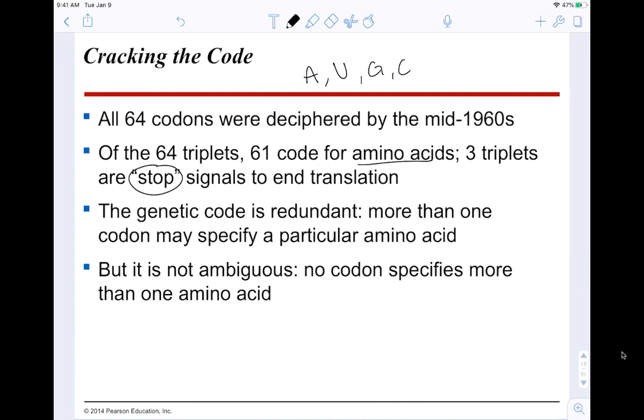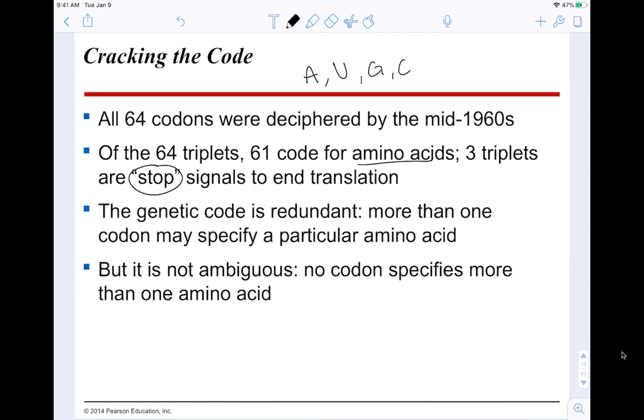Okay. So the genetic code is something we call redundant because there are 61 codes for amino acids, but there's only 20 amino acids. So obviously, there's more than one code for the amino acids. Is that always true? No, but in a lot of cases, yes. And we're going to look at that specifically later.